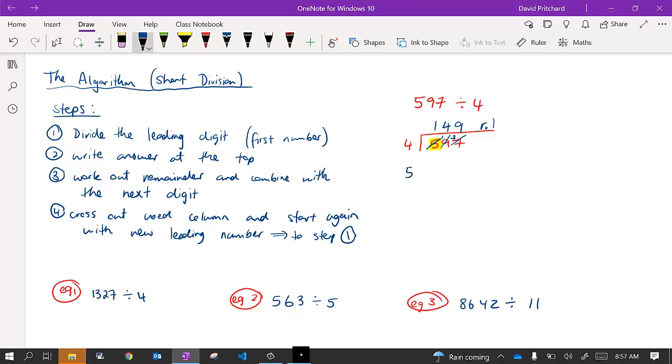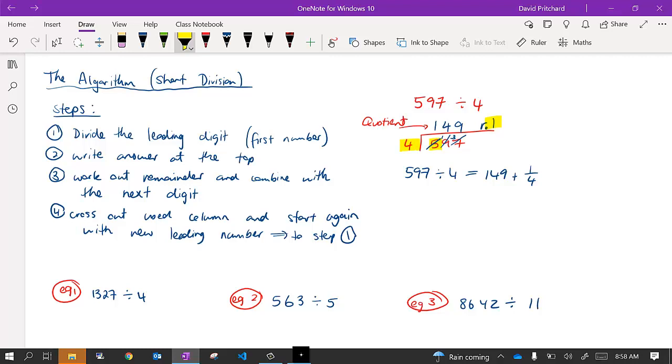So if I look at 597 and I divide it by 4, my answer is 149. Sometimes we call that the quotient, the answer. So our answer is 149. And instead of writing remainder 1, we can write plus 1 out of 4. We've got a remainder of 1 and we're dividing by 4.